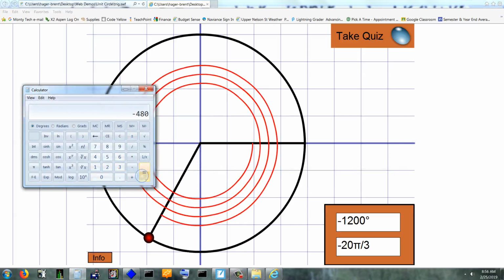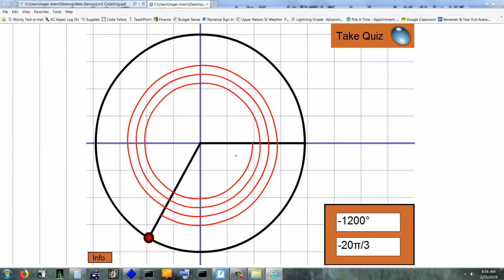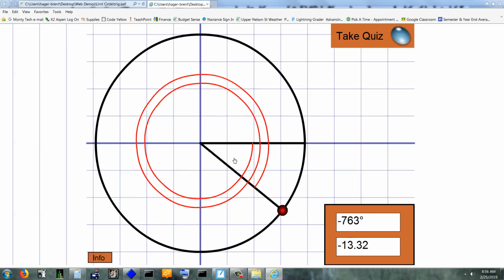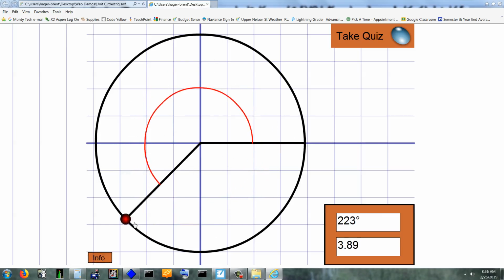I'm going to do it again, and one more time. So negative 1200 becomes 240. Okay, watch where the circle is right now, and let me put it at 240. It's in exactly the same spot as it was before. And that's all we care about. Where is this spot? What's the coordinate? Okay. We haven't talked about how to find the coordinate yet, but that's what we'll do next.